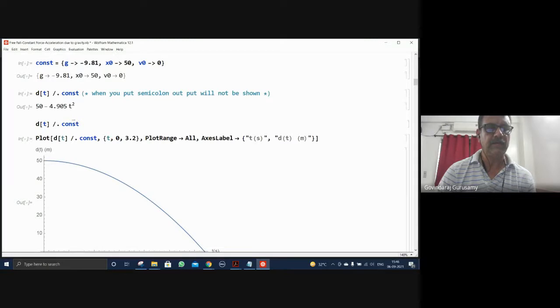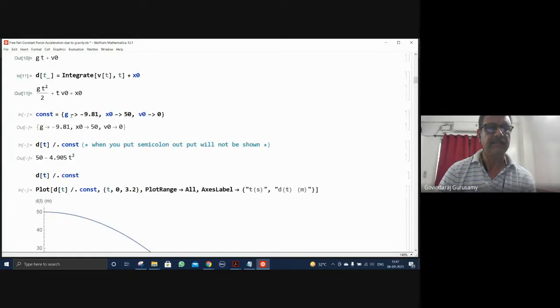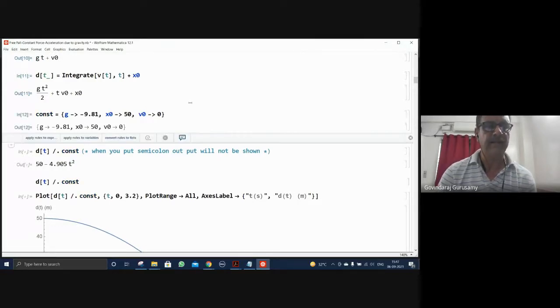Now, what I wanted to know is that when I substitute this, it's already been done. When there is a semicolon, you will not see the output. For example, this I'm able to see here, d of t. So I'll enter these constants now. Instead of equating them, I'm making it a constant. Wherever I require any one of them or all of them, just use the constant.